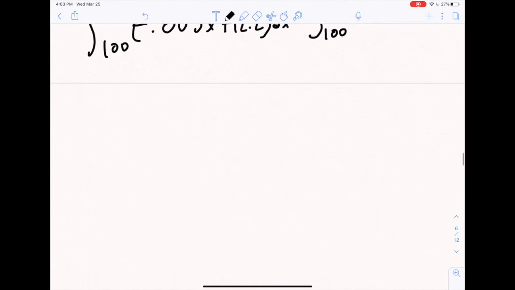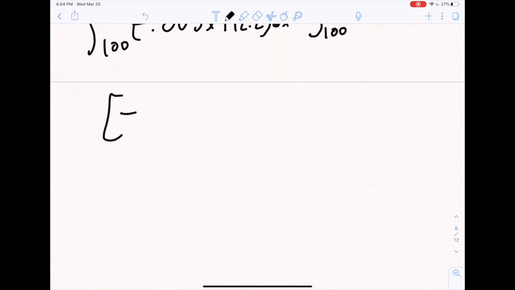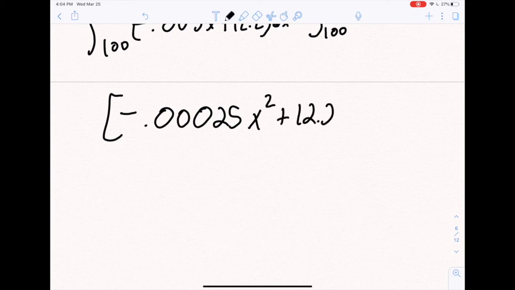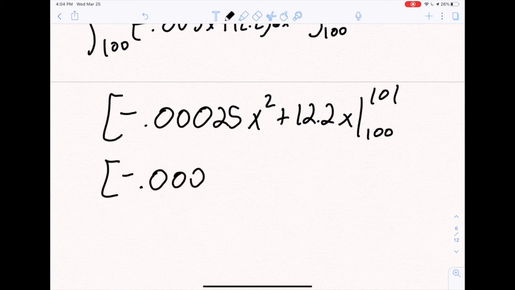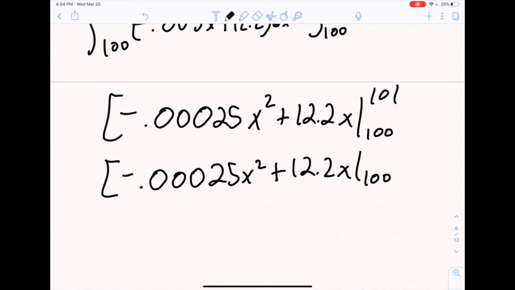Okay, I'll save us all some hassle going through that. What we end up with is negative 0.00025 x squared plus 12.2x evaluated from 100 to 101. And then similarly, we also end up with negative 0.00025x squared plus 12.2x evaluated from 100 to 110.